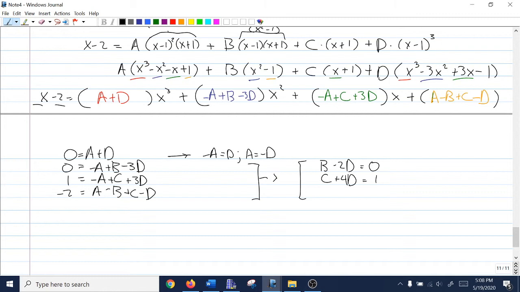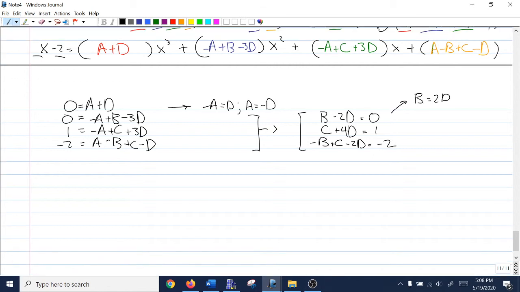Anyway, I gotta get rid of this a. A is negative d, so I end up with negative b plus c minus 2d equals negative 2 on the last line. This first row, the 0 makes this easy to deal with too. B equals 2d. I'll substitute that in. I only like doing substitution when there's a 0 because it makes it really easy.